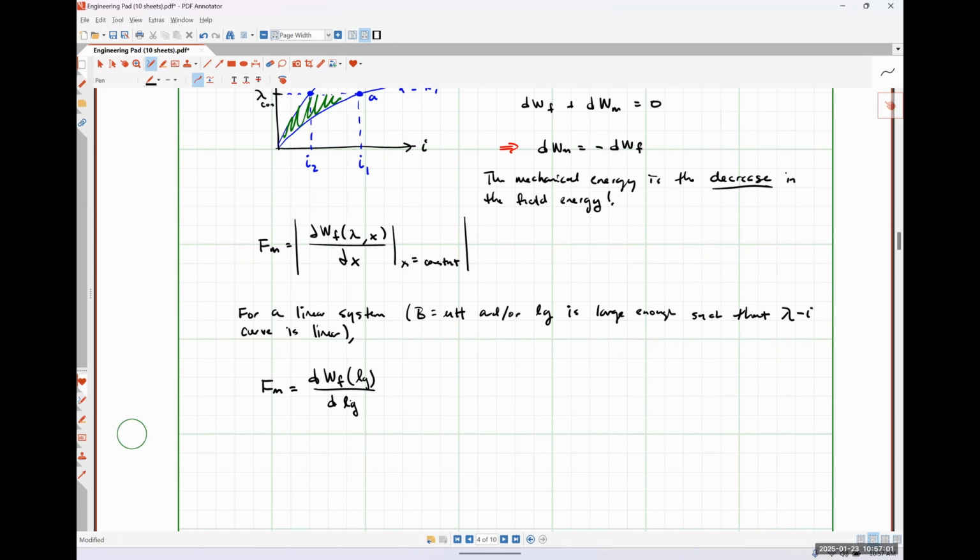So our force generated is only caused by the change in our gap length.